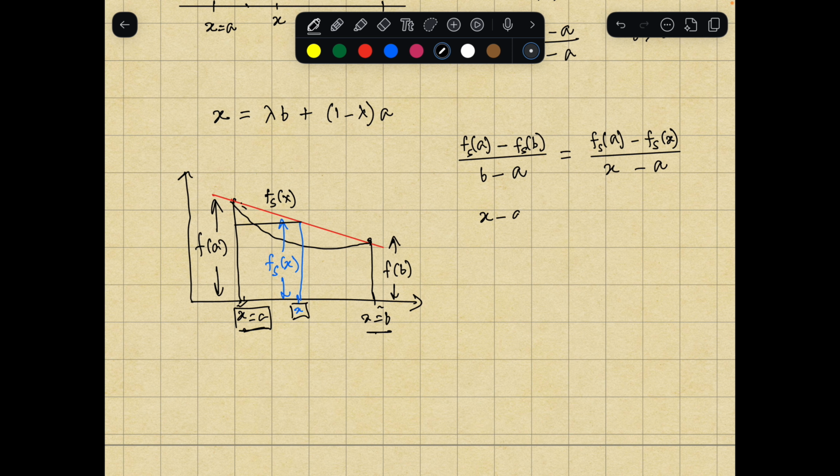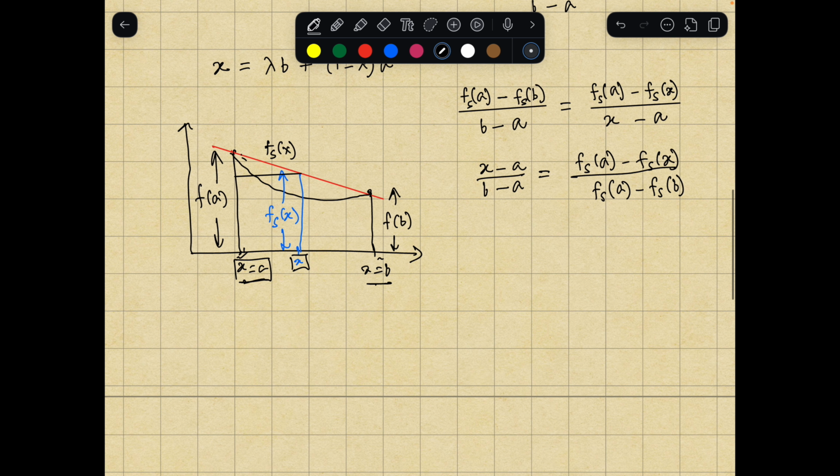Now we can write it as (x minus a) by (b minus a) equal to (fs of a minus fs of x) by (fs of a minus fs of b). Note that this term is equal to lambda, so we have lambda equal to (fs a minus fs x) by (fs a minus fs b).